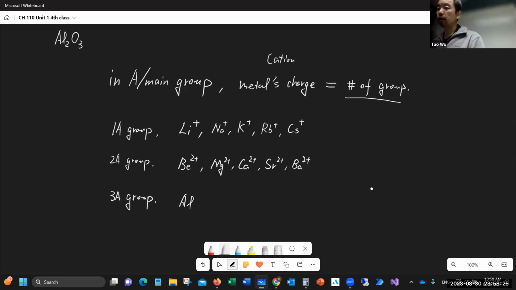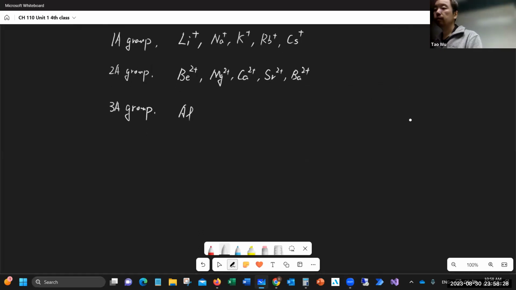Okay. And for the non-metals, the charge is equal to the group number subtract 8.